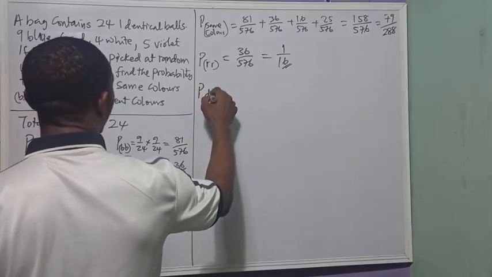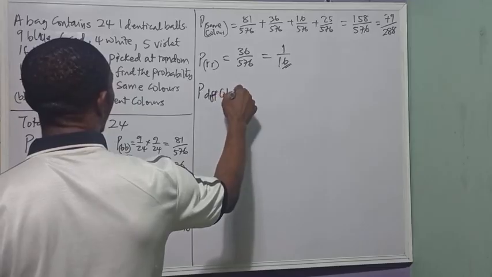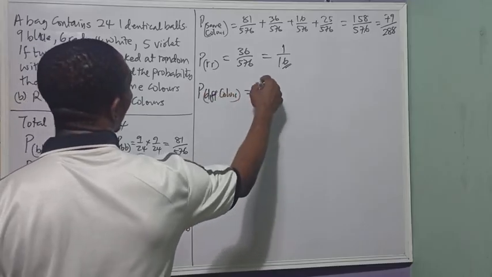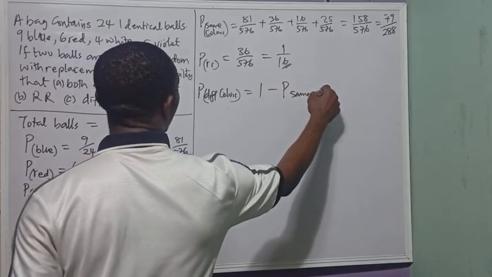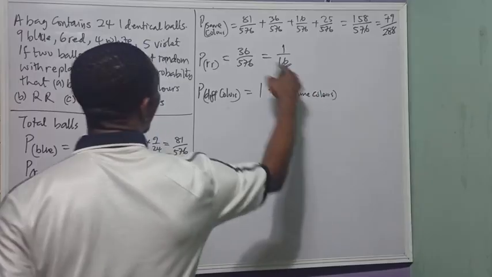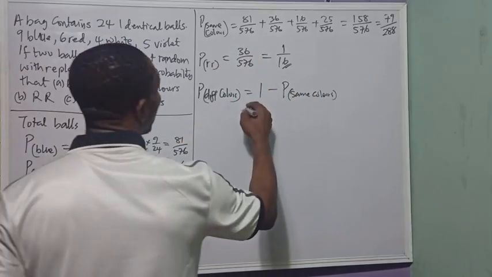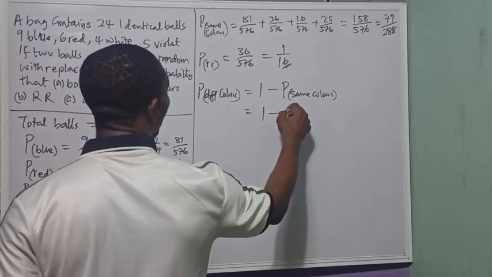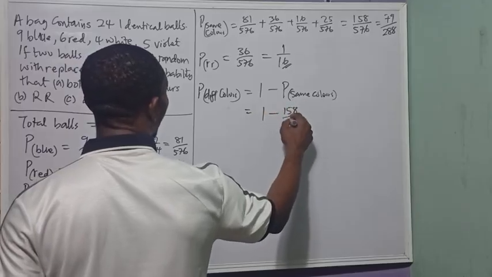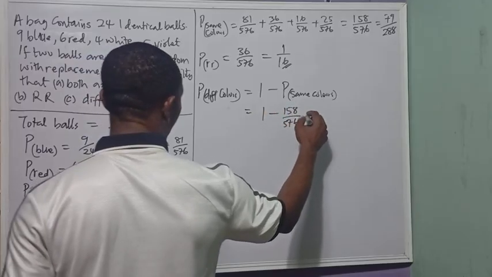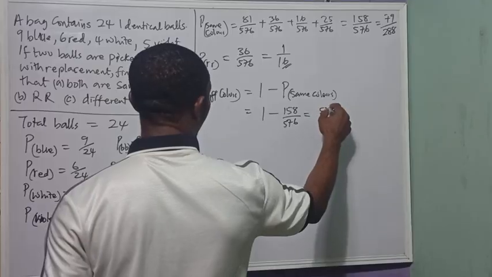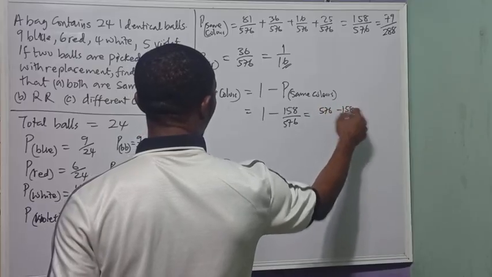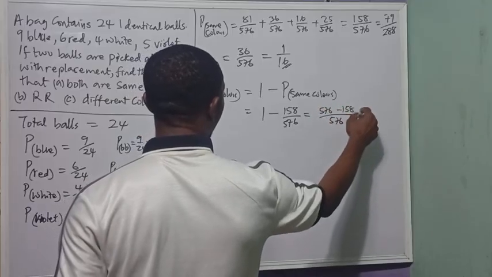Okay. Now, next one says probability that there are different colors. Probability of different colors will be 1 minus probability of same colors. Now we found probability of same colors. This is 1 minus 158/576, which will be 576 minus 158 over 576.